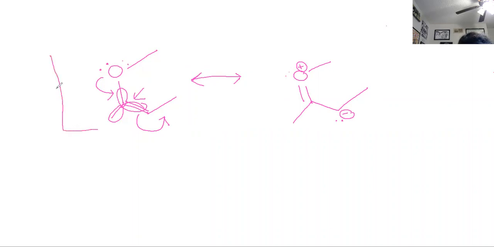So, like we said before, resonance structures are representing the molecule at the same time. We think of it like a nectarine. A nectarine is not just a peach or a plum, but actually both at the same time.